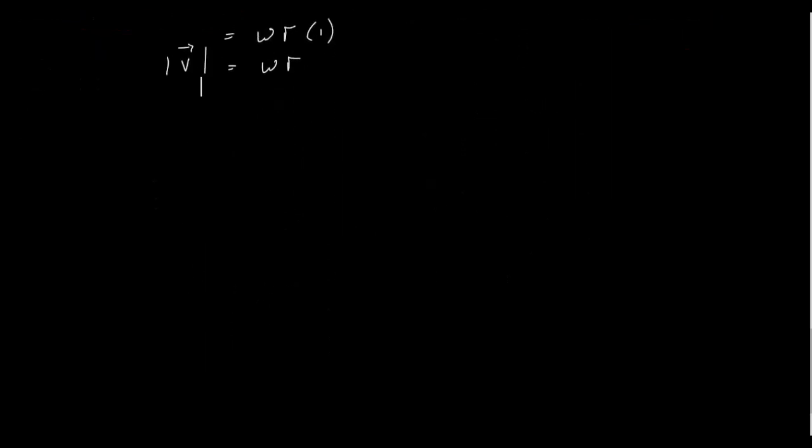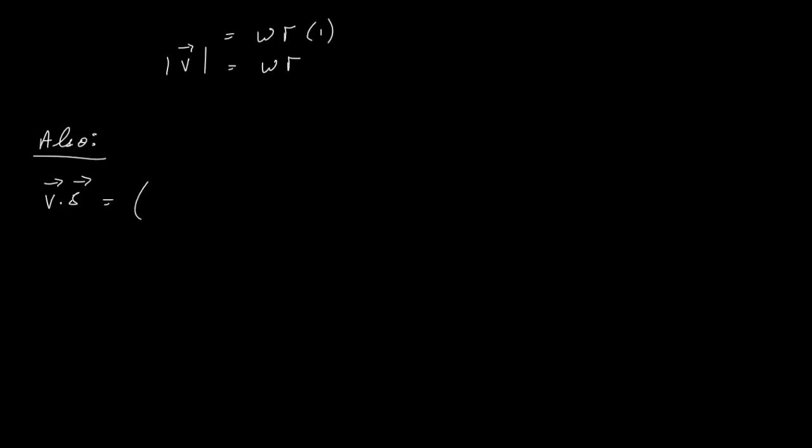Let's just do one other thing, and that is just to show that the velocity vector and the displacement vector are actually perpendicular. So to do that, I'm just going to do the dot product of the two vectors. So let's look at the velocity vector and the displacement vector. Dot product.